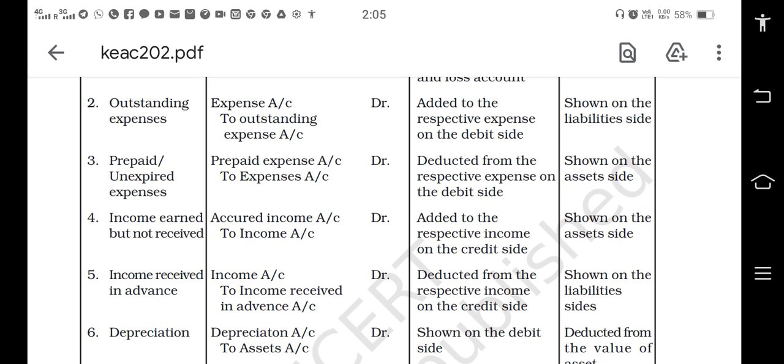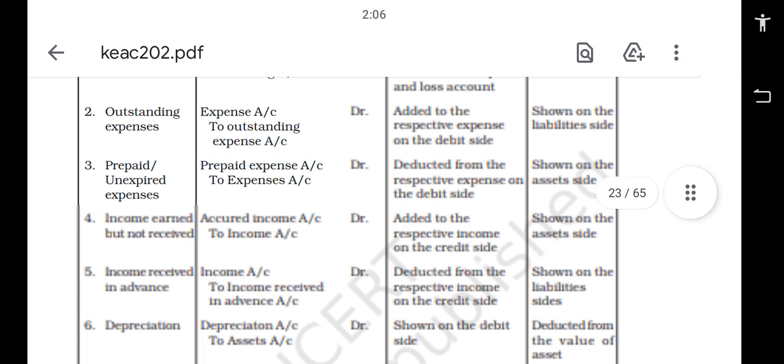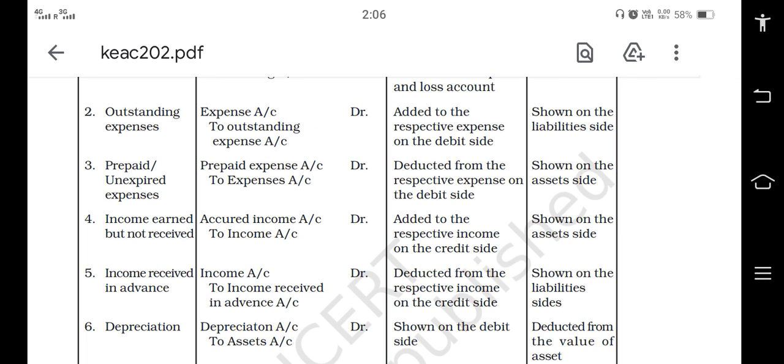Outstanding means you have to add to the respective expense and show on the debit side of the P&L account. And prepaid expense means we have to deduct from the respective expense on the debit side of the P&L account, and prepaid expense is an asset on the asset side of the balance sheet.